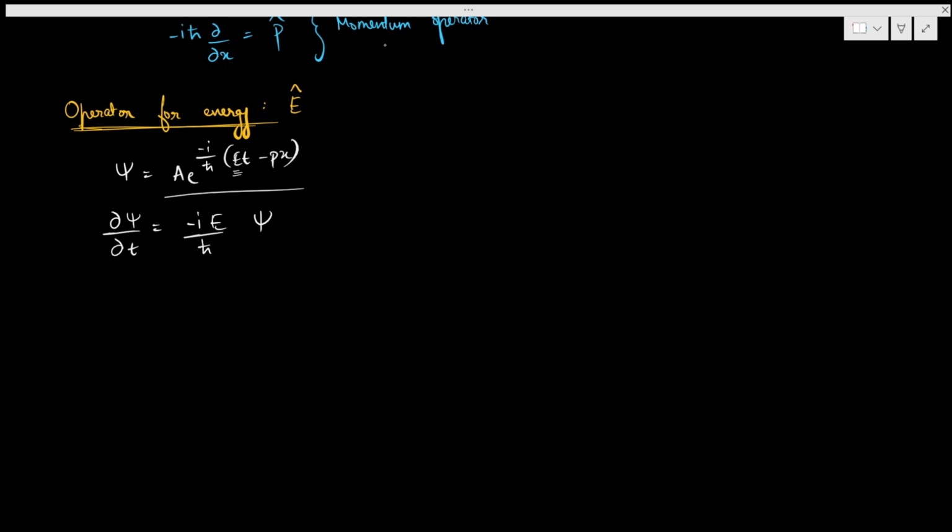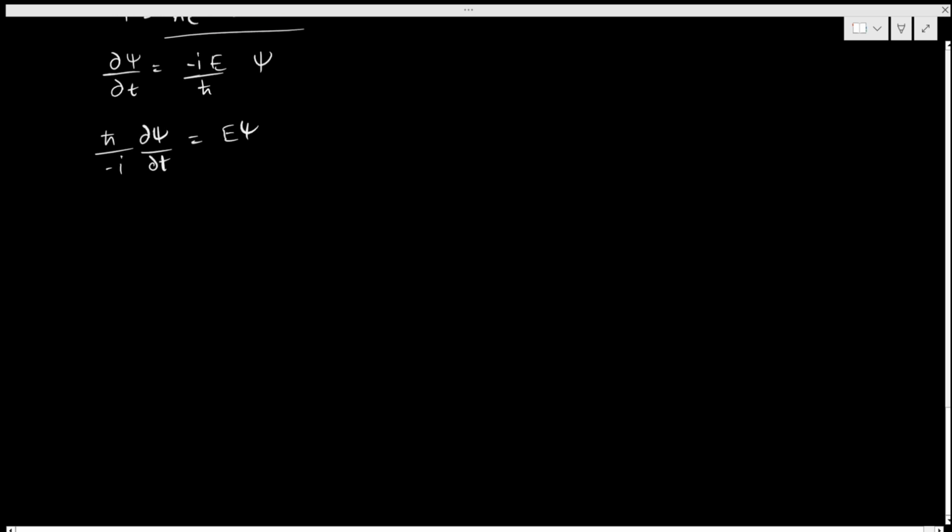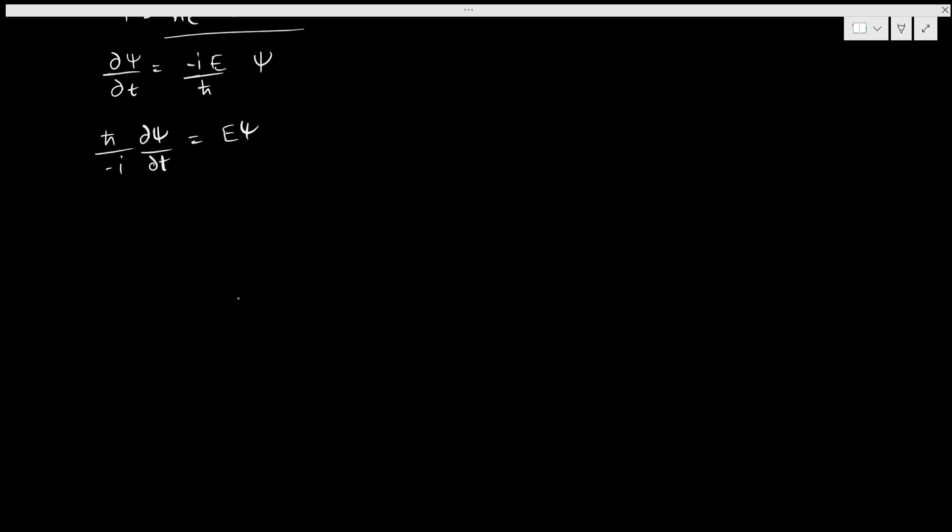And then again, we only want E on the right hand side. So let's take h cross by minus i to the other side. ∂/∂t of psi is equal to E psi. And then you're almost done here. We're going to do the same thing that we did before just to make it look a little bit better. You have minus i into i on this side, ∂/∂t of psi, and here also you have minus i into i, which is again just 1.